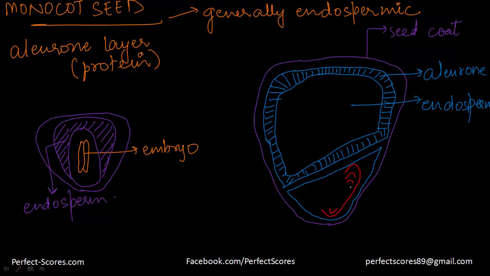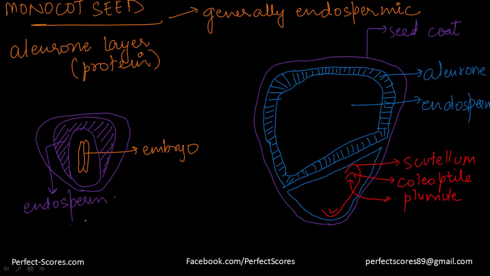Then there are a few markings in the lower layer, and they have their own names. The upper one is known as scutellum. The next one is called the coleoptile. This one is the plumule.